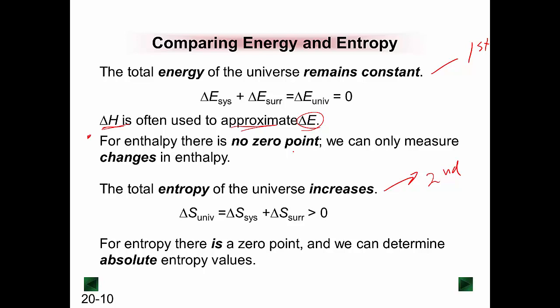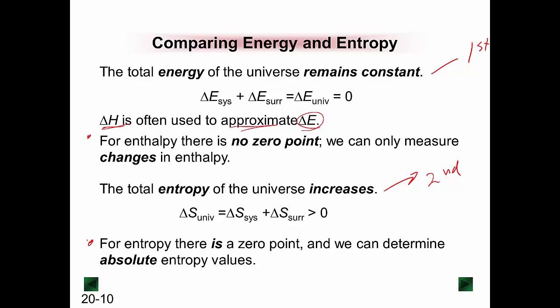So the next point, though, is that for entropy, there is a zero point, and we can actually determine absolute entropy values, although we can't determine absolute enthalpy values.